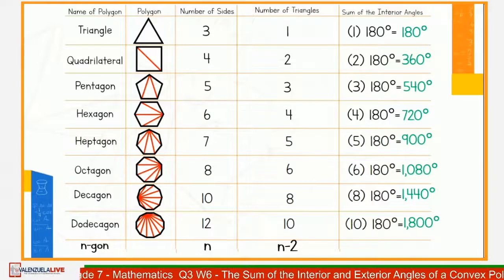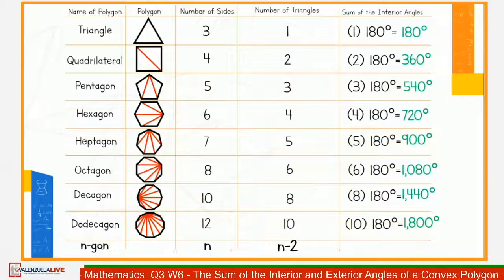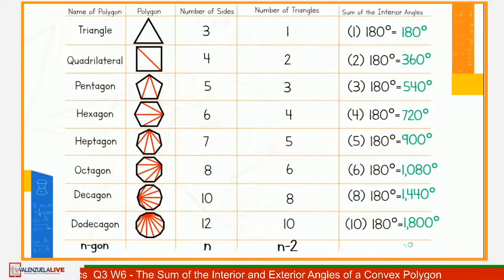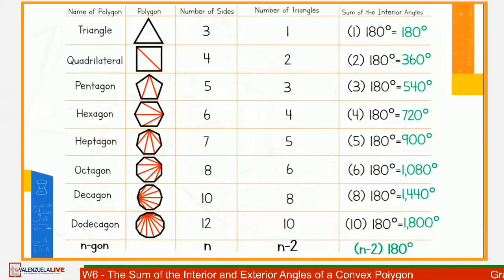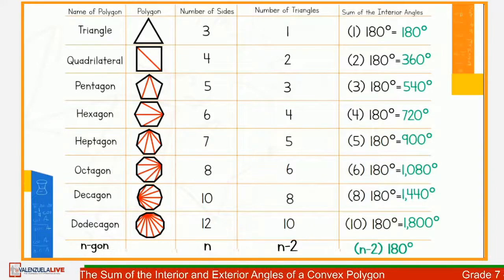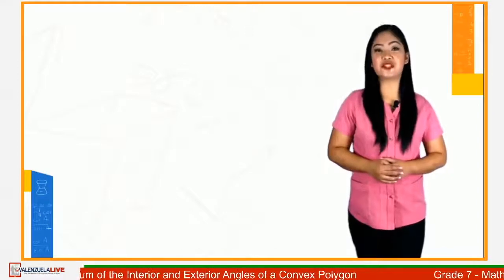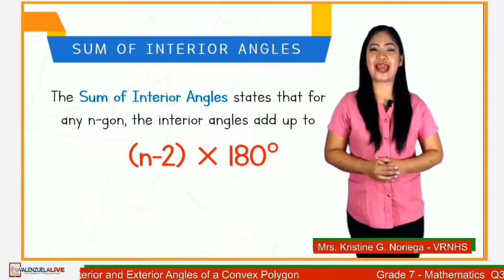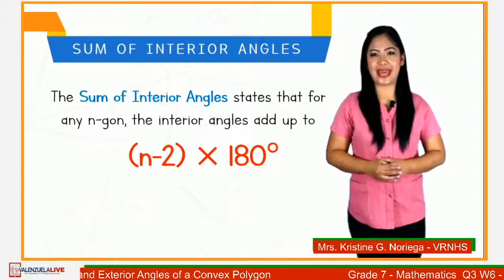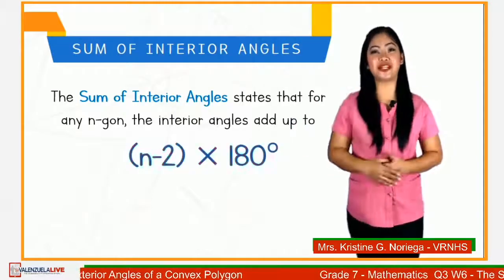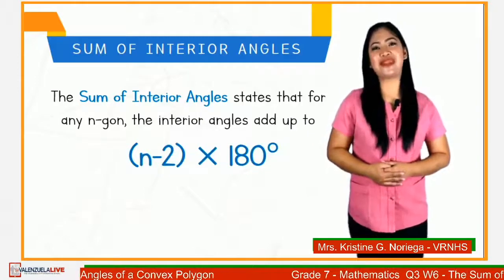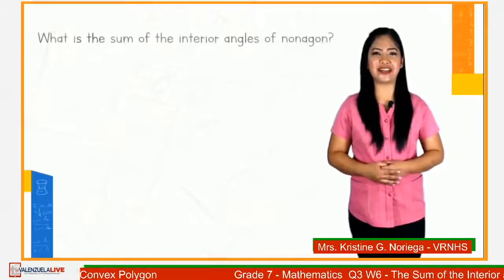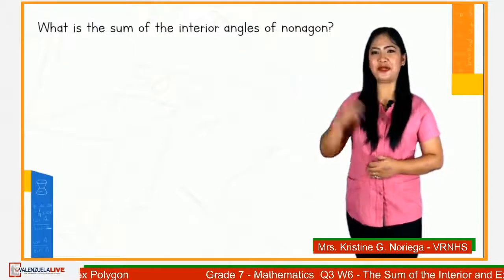So, to compute for the sum of the interior angles of a polygon with n sides, we need to multiply n minus 2 by 180 degrees. The sum of interior angles states that for any n-gon, the interior angles add up to n minus 2 times 180 degrees. With that being said, can you tell what is the sum of the interior angles of a nonagon?